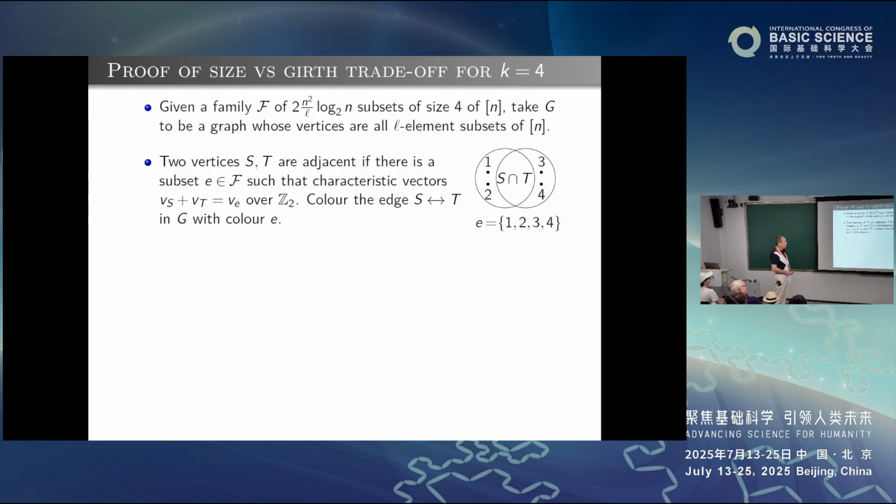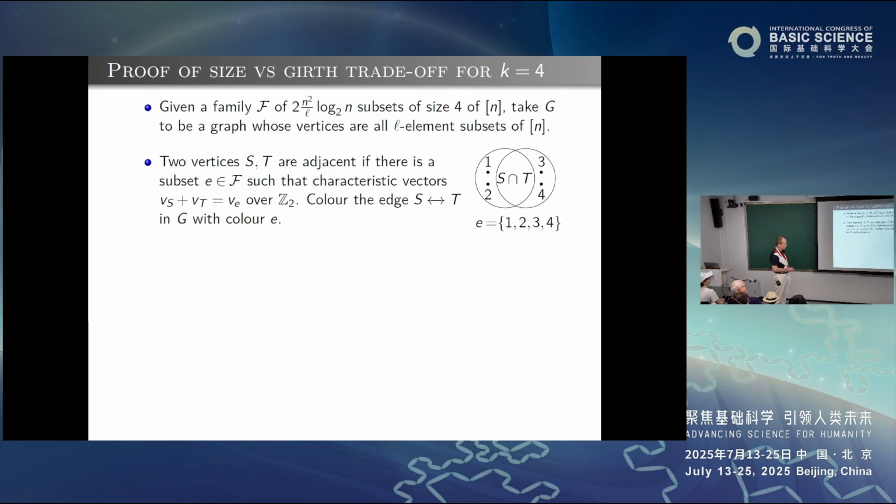We are going to build a certain Cayley sum graph. As I said, this will be an important notion for this talk. My vertices will be all L-element subsets of my universe. So these are my vertices. Or think of all binary vectors with precisely L ones. And I connect two sets by an edge if the symmetric difference is a 4-tuple which is in my family.